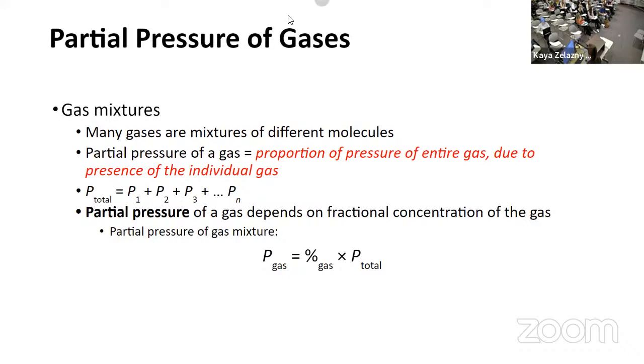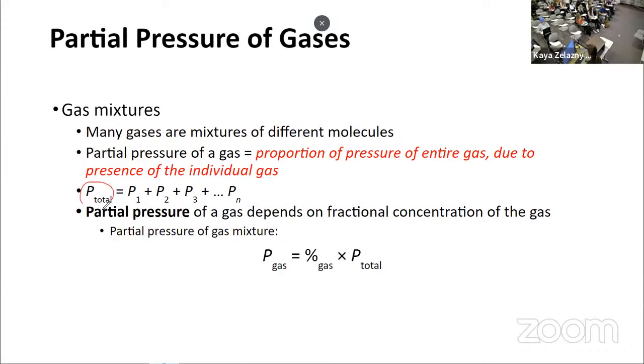So we can think of that total pressure as just being broken up by the pressure of oxygen, the pressure of nitrogen, the pressure of carbon dioxide, et cetera, okay? So whatever gases make up that total gas around us are all going to add into that pressure. So we can express this as a fraction or percent, essentially.